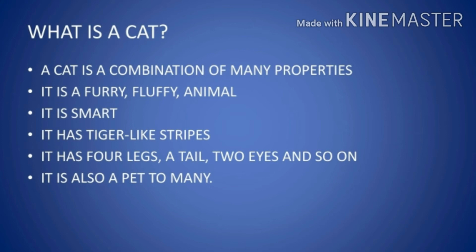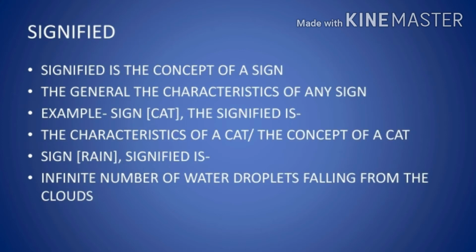So in other words, these characteristics of a cat make up the concept of a cat, and this concept is called the signified. It means that the concept or the general idea about the characteristics of any sign in our mind is the signified. So the characteristics of a cat which combine together to make a cat is the signified.